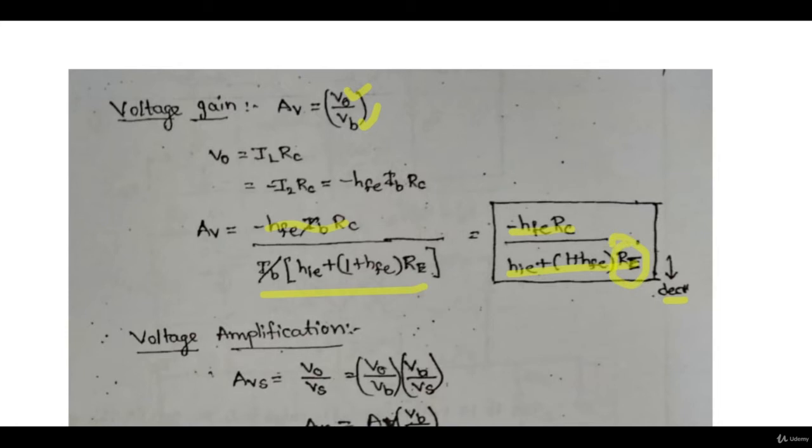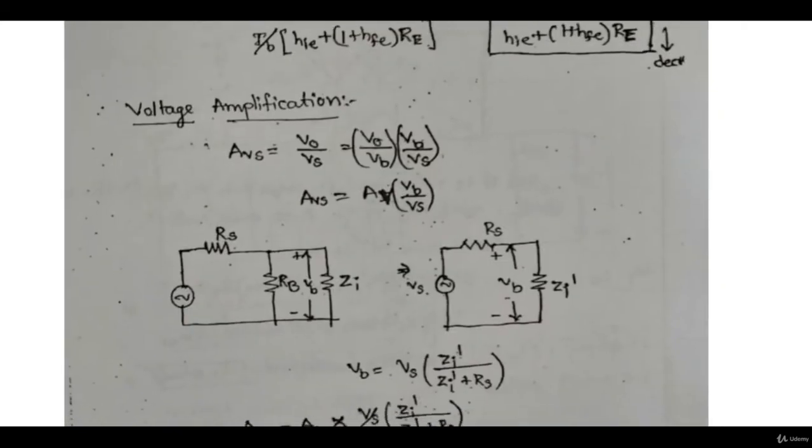Then with respect to the source we calculate AVS, which is V0 by VS, equal to AV into VB divided by VS. Just a voltage division will be required. The parallel combination of these two is Zi dash.